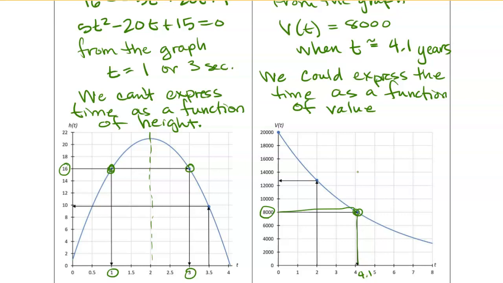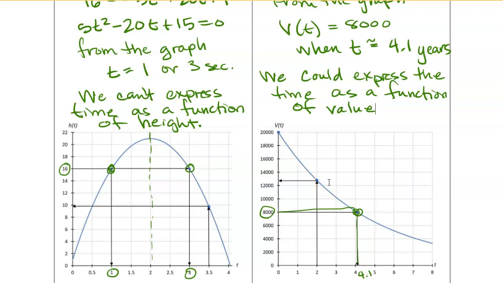So we can express the time as a function of value if we wanted to. There's never a case where one value would occur at 2 different times. That's the big difference between these two functions.